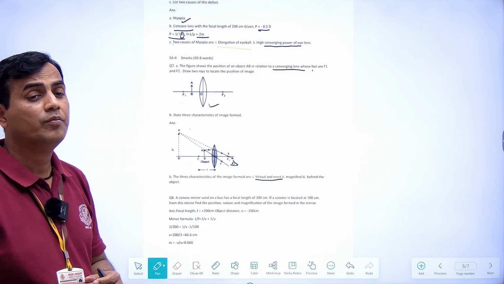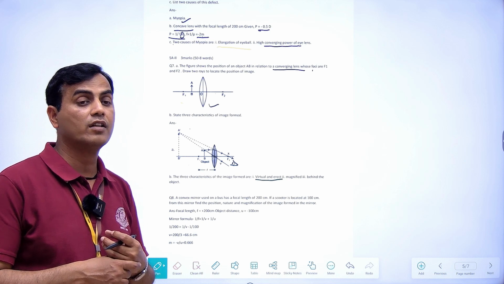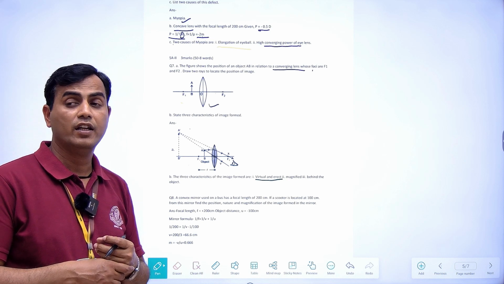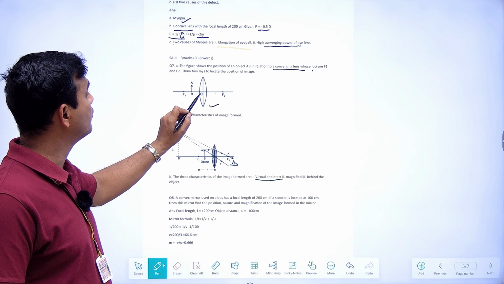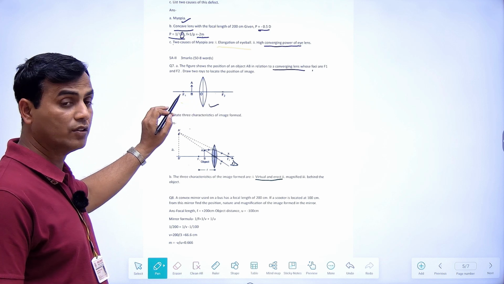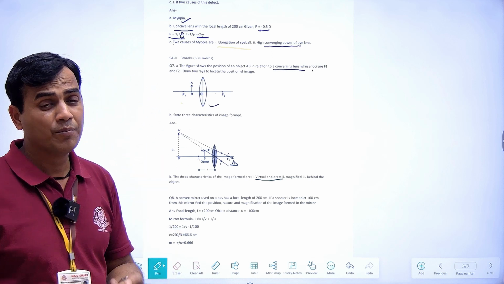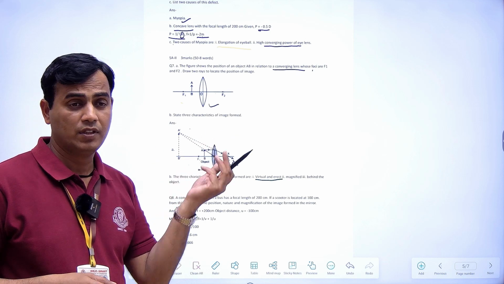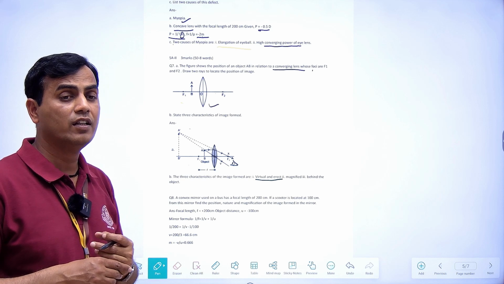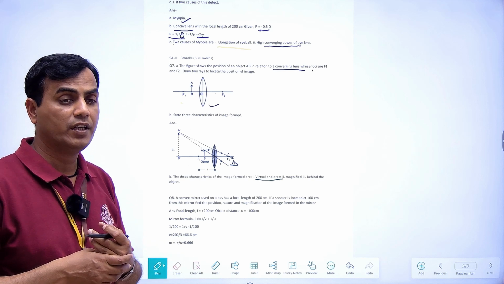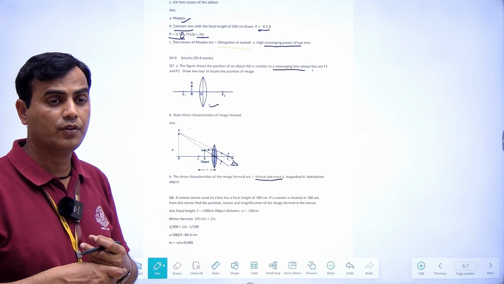This will be very easy if we know the image formation of a convex lens at various object positions very well: between the optical center and f1, f1 to f2 or center of curvature, and beyond f2 up to infinity. If you read the table well, this question will be very easy to solve.